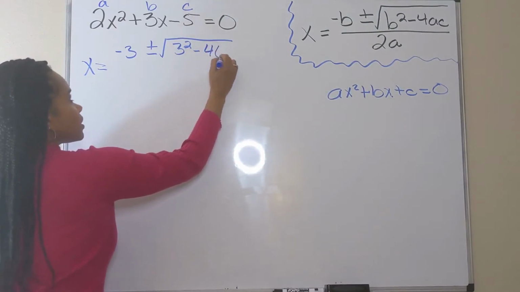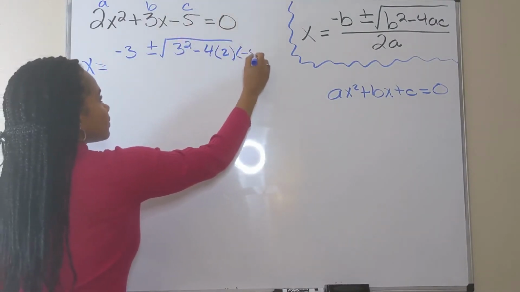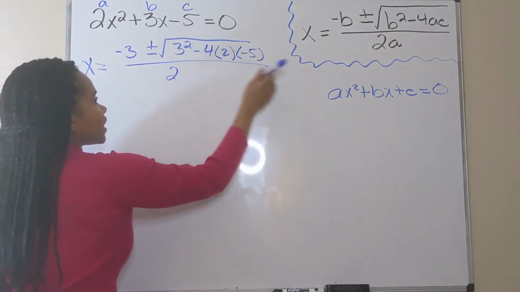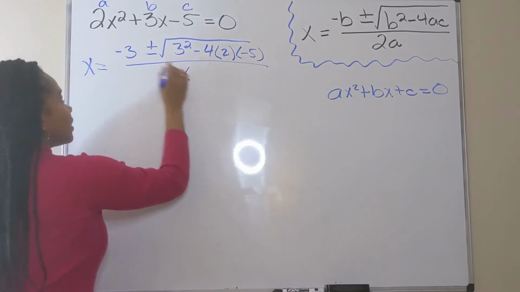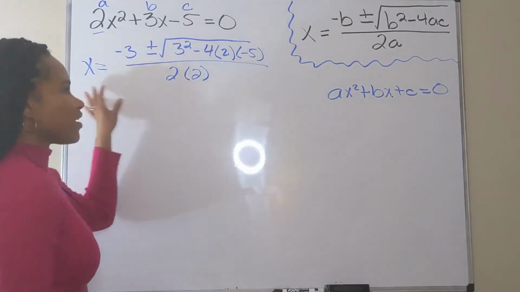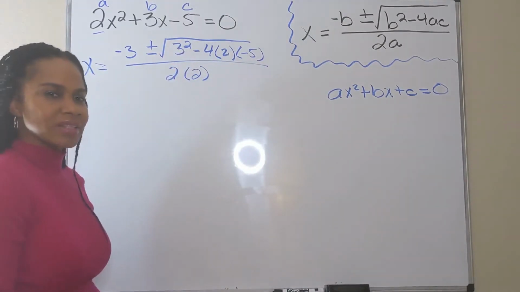So 4, a is 2, c is negative 5, all over 2 times a, and a is 2. All right, so I've gotten the hard part out of the way of just plugging it in, and now I just want to simplify this equation.